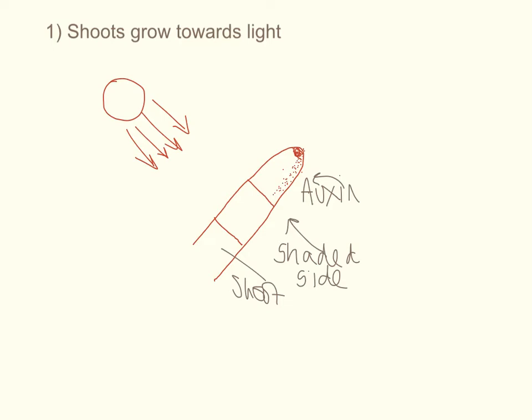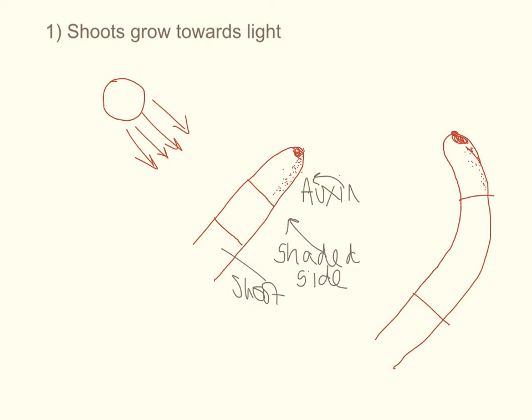This causes more auxin to accumulate on the side that is in the shade compared to the side that is in the light. So what this causes is the cells will grow or elongate faster on the shaded side. This then causes the shoot to bend towards the light.